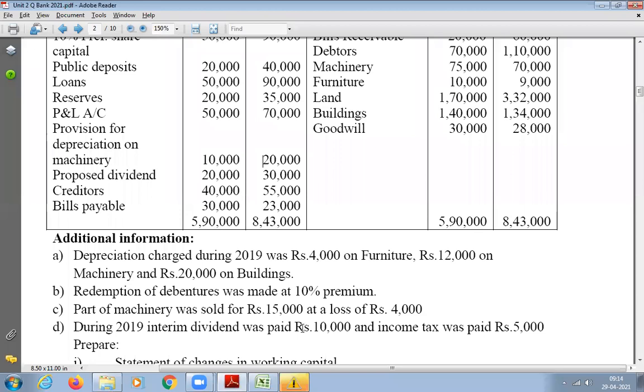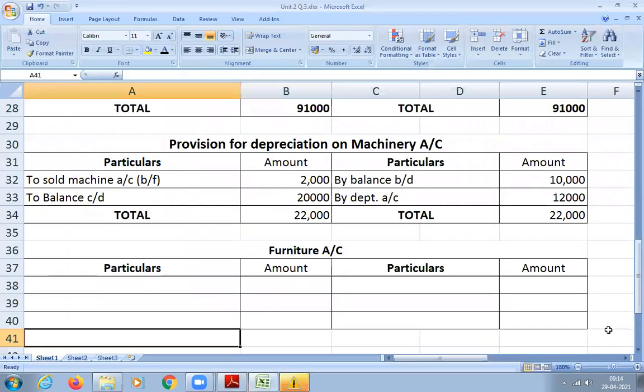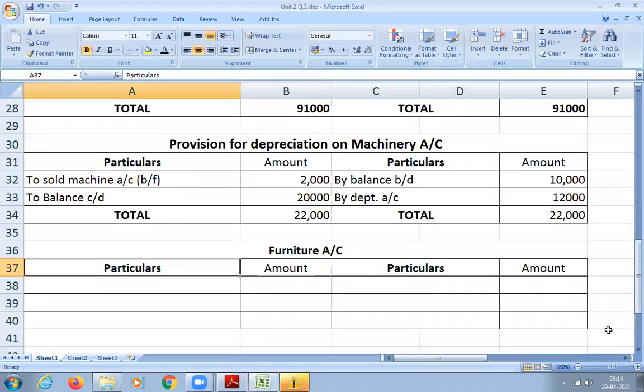So how do you find out the hidden transaction now? Prepare a ledger account. Again you have to prepare the furniture ledger account. So opening balance is 10,000. Where do you write it, debit or credit side? Debit side, because it's an asset.